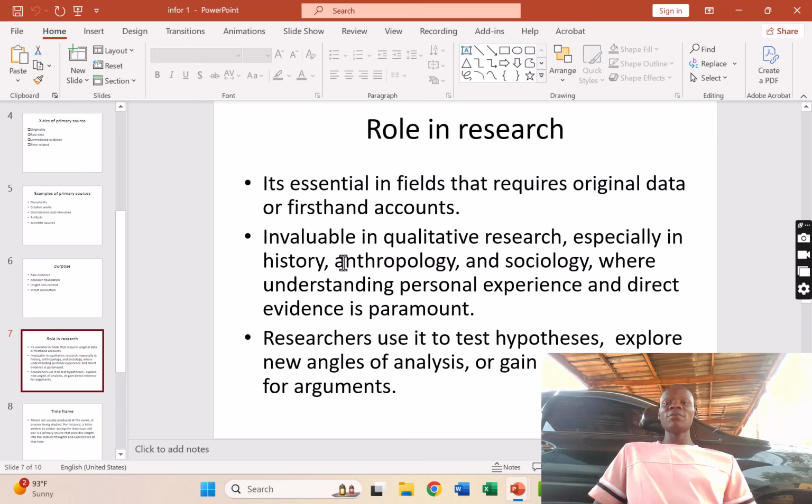Then we also have that it is invaluable in qualitative research, especially in history, anthropology, and social sciences, where understanding personal experience and direct evidence is paramount. See, let me take you back to history at maybe A level. If they have given you some work, those things happened a long time ago.